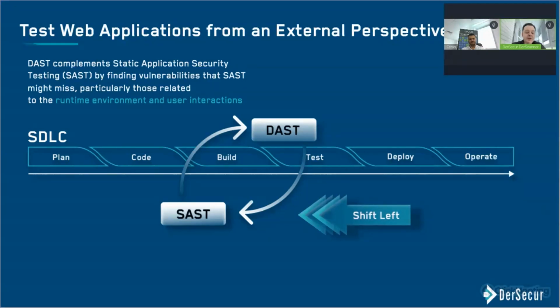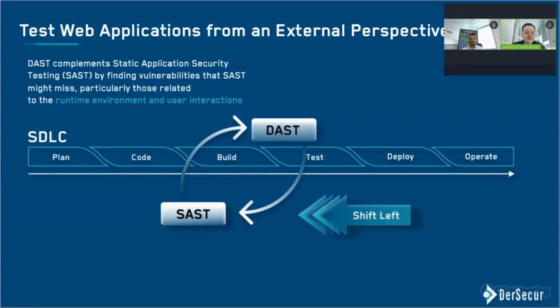And DerScanner blends those findings up and correlates the vulnerabilities that have been found by both static analysis and dynamic analysis. And it will mean that those vulnerabilities found and cross-verified by both methods are the most important ones, and those can be exploited from external perspective.